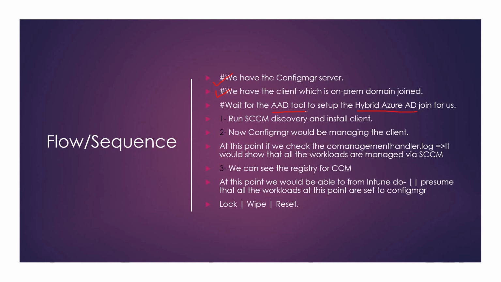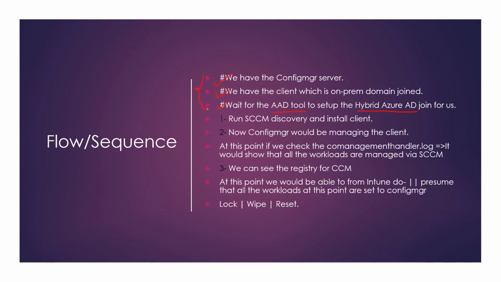Once the tool is installed, we have to enable the hybrid Azure AD join feature, and then all the devices are going to be synced to Azure as well and joined to the domain. So this is a prerequisite. There is a separate nugget that I have done on Azure AD Connect. Probably you can refer to that to find out how exactly hybrid Azure AD join can be enabled. So these three are in a way prereqs, and we have to make sure that they are already met.